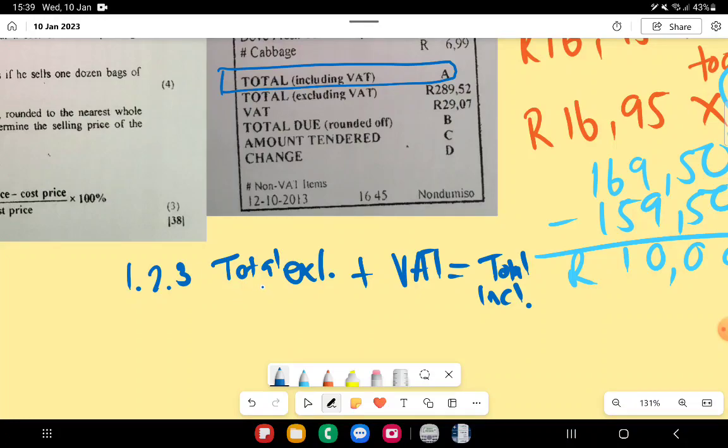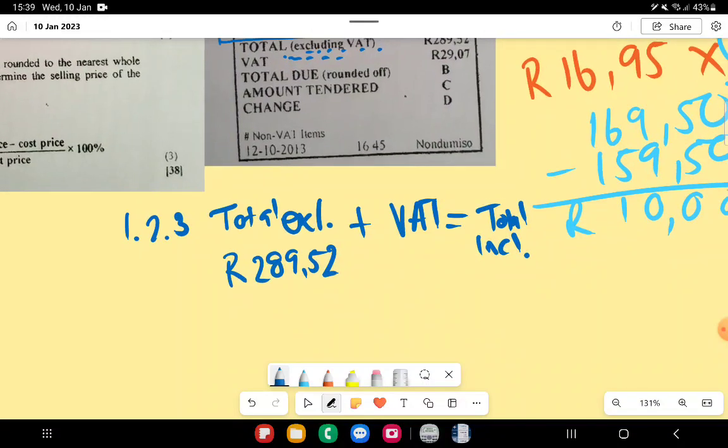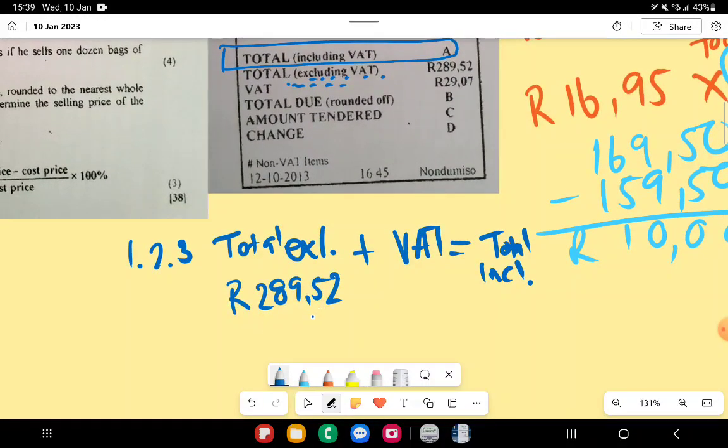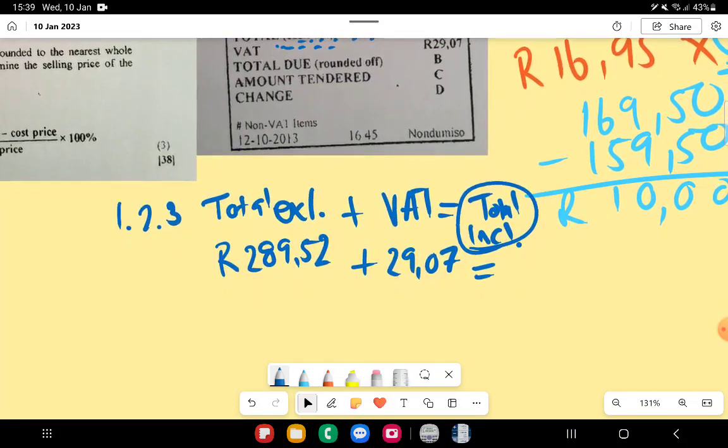Do you have a total excluding? Yes, there's the words, and that amount is going to be 289.52. What is your VAT amount? That's given to you. That amount is 29.07. And if you add those up, you get this amount for your total including VAT.